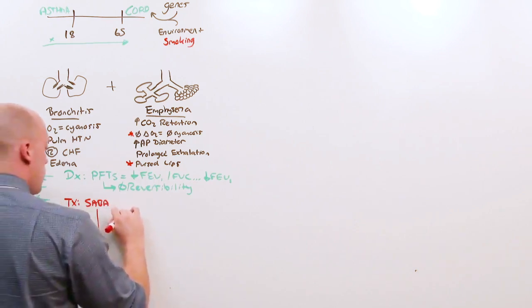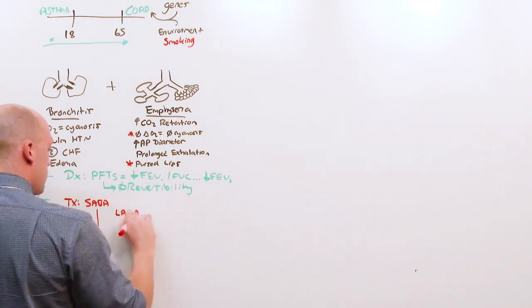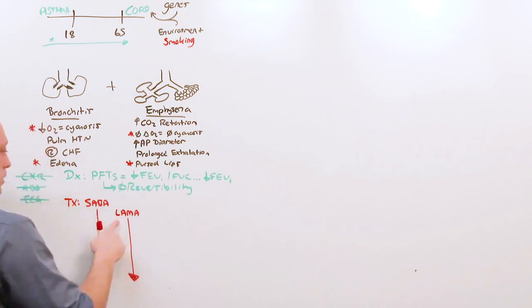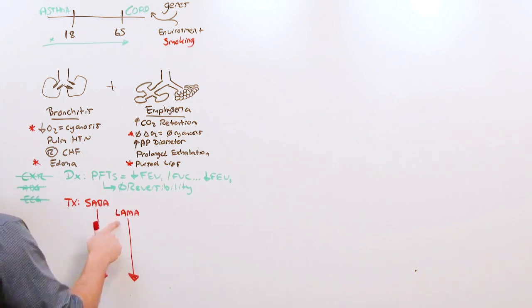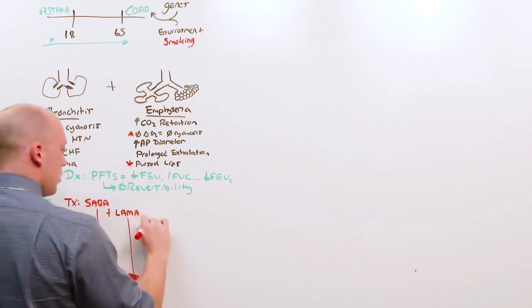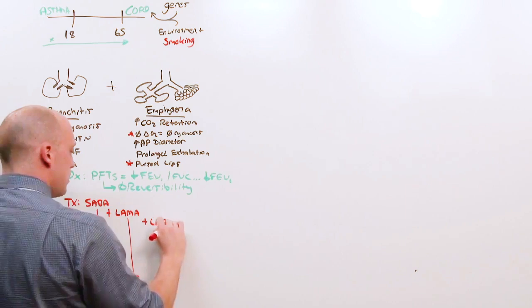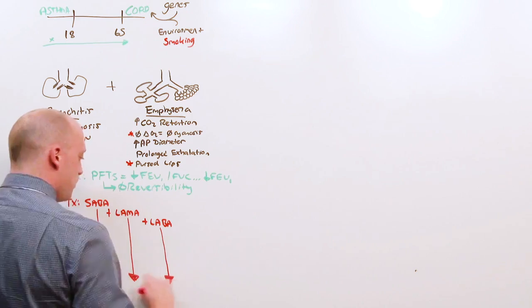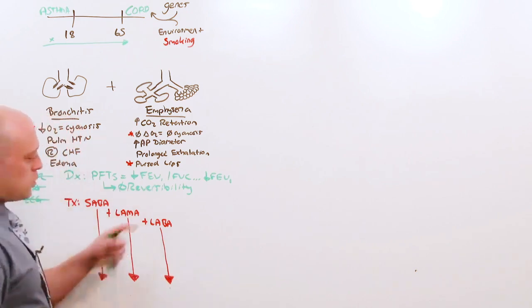You're going to add a long-acting muscarinic antagonist. This is tiotropium. You don't do that in asthma. Tiotropium is the first long-acting medication you introduce in COPD. Then you add a long-acting beta agonist, anything that ends in -ol. Notice what we did here.